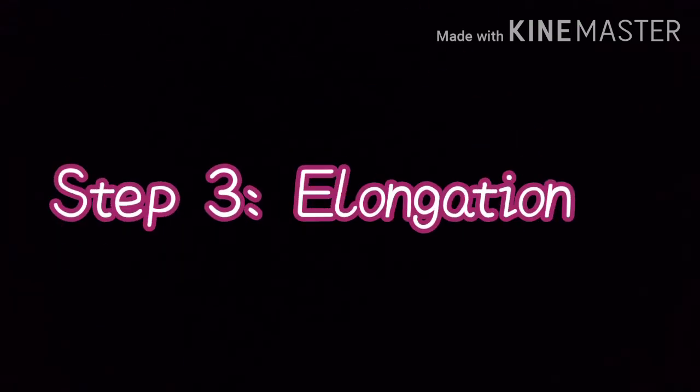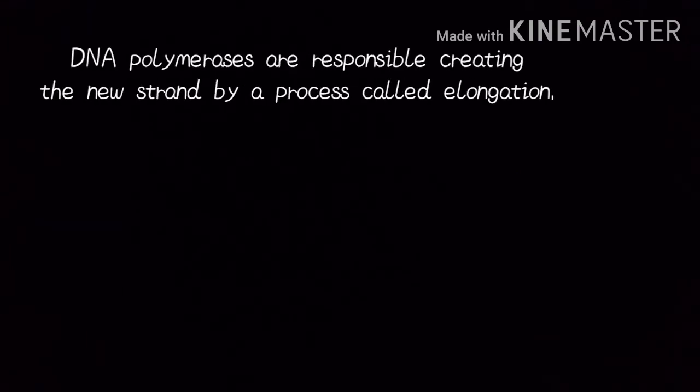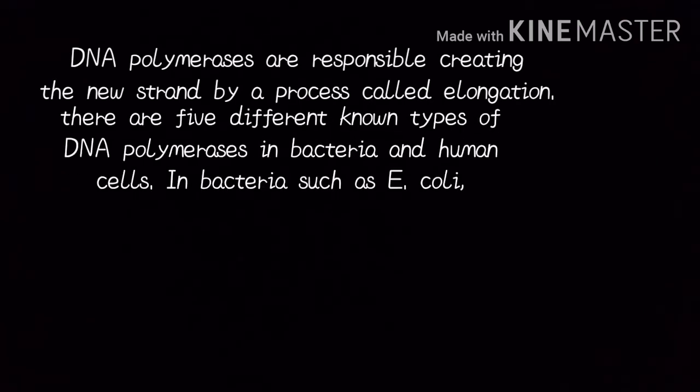Elongation. Enzymes known as DNA polymerases are responsible for creating the new strand by a process called elongation. There are 5 different known types of DNA polymerases in bacteria and human cells.